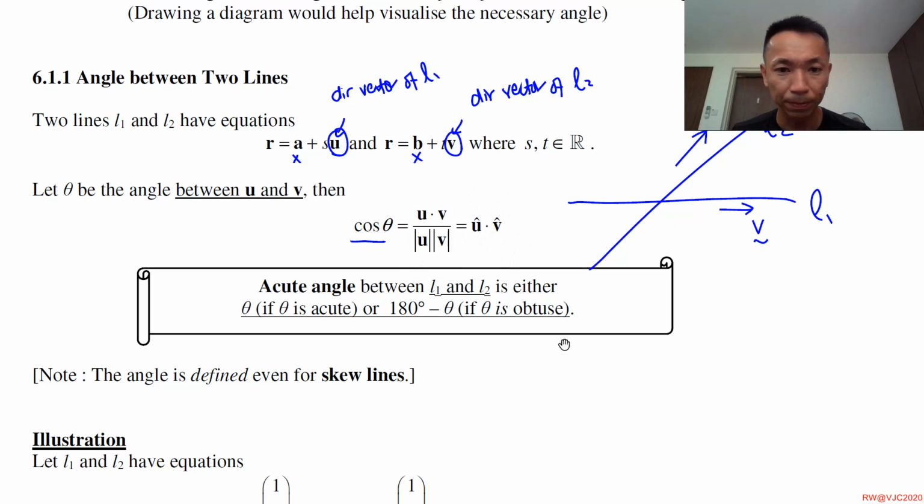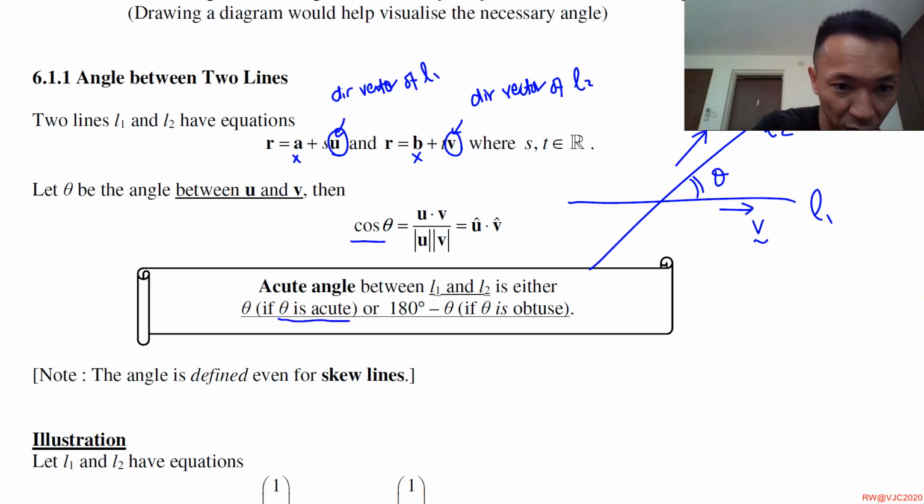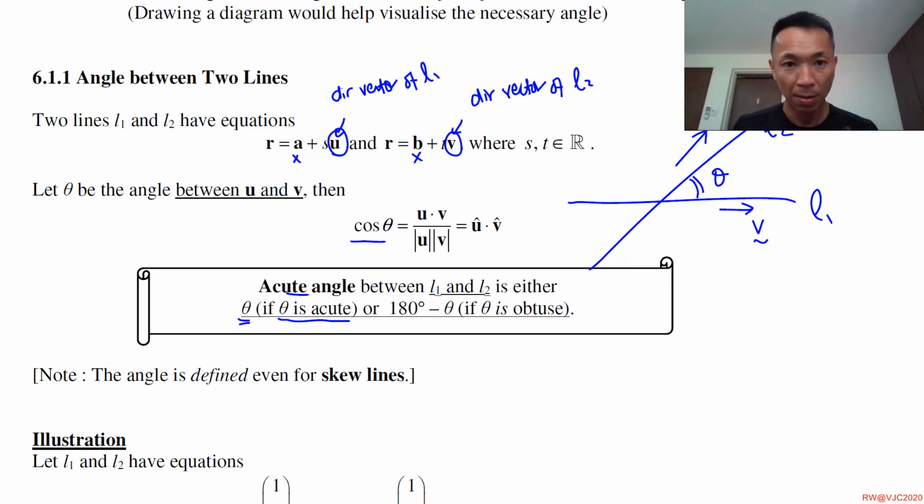But you realize that now, if I have the angle between L1 and L2, it can either be acute or obtuse. If I find U and V here and I happen to find this angle, maybe this is theta. If angle theta is acute, then the acute angle is just theta.